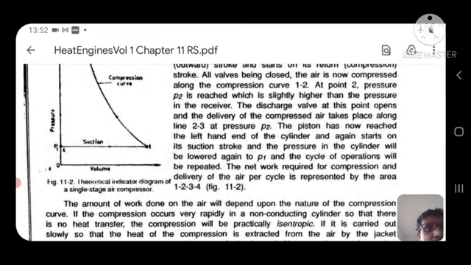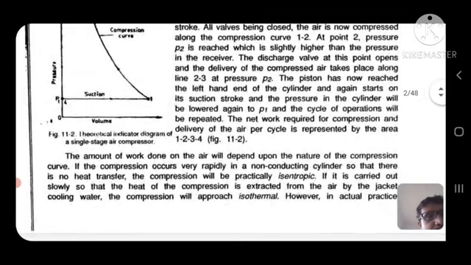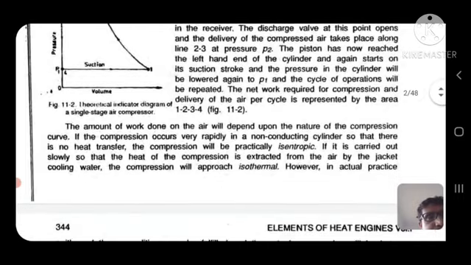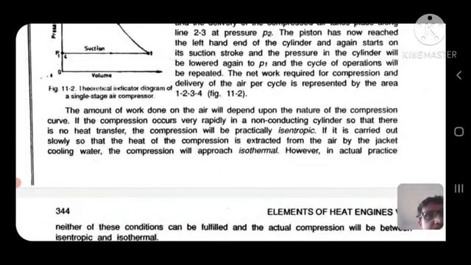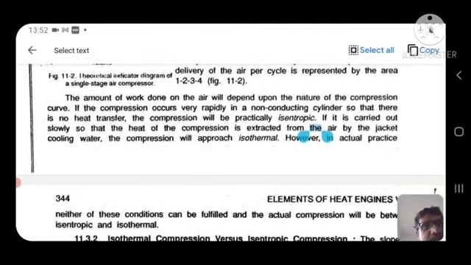The discharge valve at this point opens and the delivery of the compressed air takes place along the line 2-3 at a pressure P2. The piston has now reached the left hand end of the cylinder and again starts on its suction stroke, and the pressure in the cylinder will be lowered again.